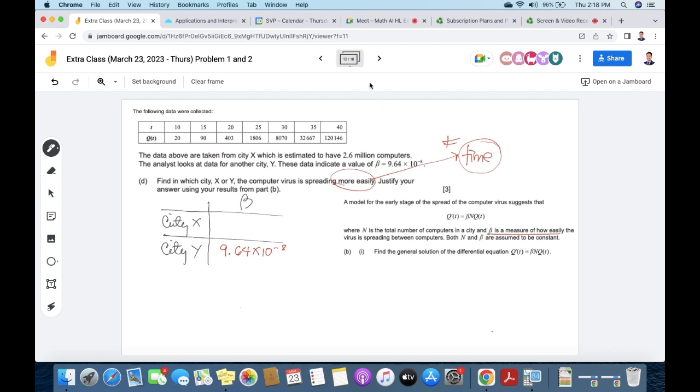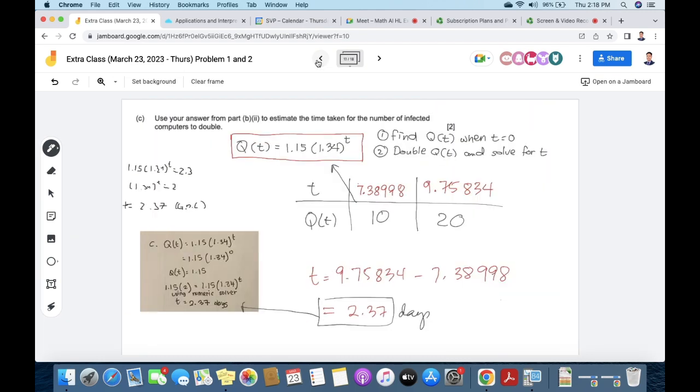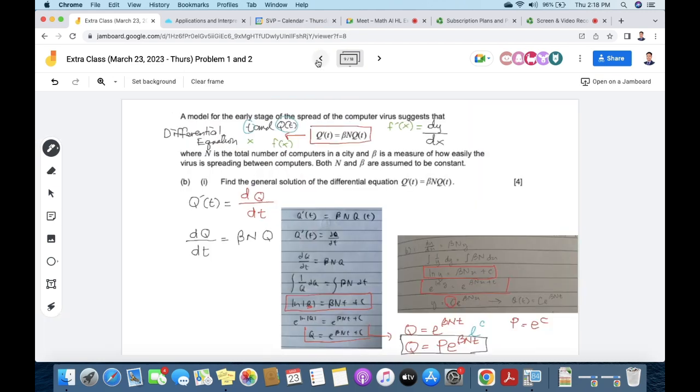Now, a while ago, we were able to come up with an equation. Let's try to find it out. This one. I'd like you to use this equation in order to solve for the beta, knowing that the population is 2.6 million.